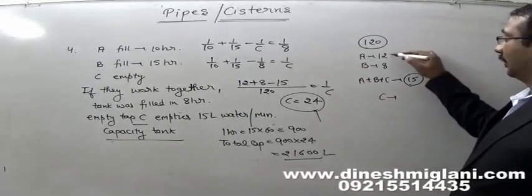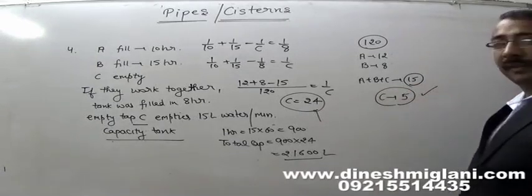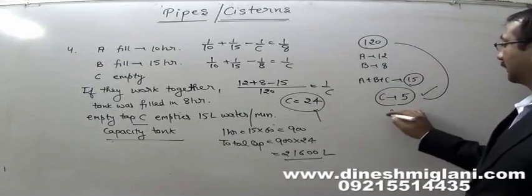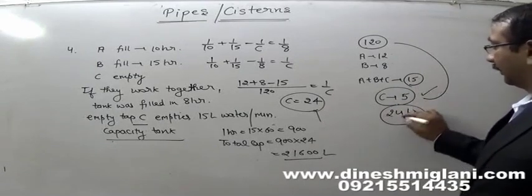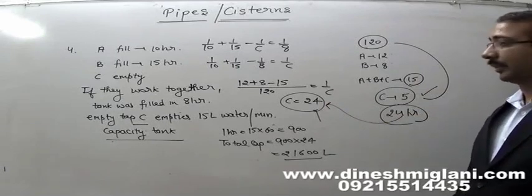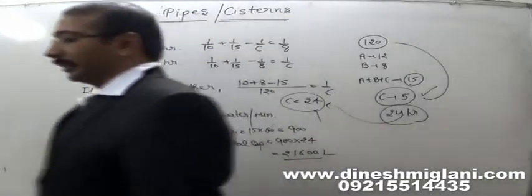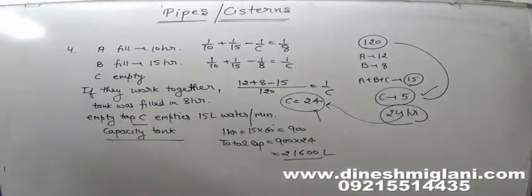How much? 12 plus 8, 20 minus 15, that is 5. So C empties 5 liter per hour. Total capacity is 120, so how much time is taken by C? 24 hours. So you may get this this way also. Once you get this 24 hours, then it is very easy to answer your question. That becomes your answer.